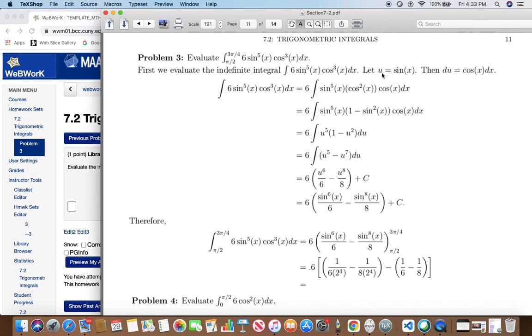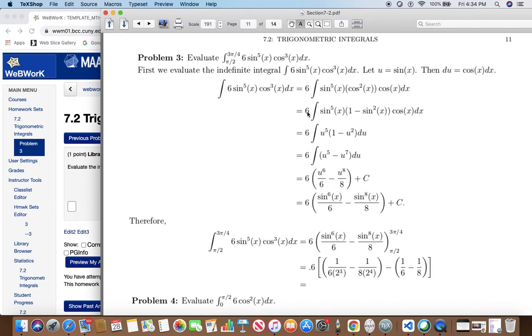Similar to the previous one, we will say let u equals sine x, du equals cosine x dx. So cosine cubed, we'll split it as cosine squared and cosine. Cosine x dx is going to be du, and cosine squared can be rewritten as 1 minus sine squared.